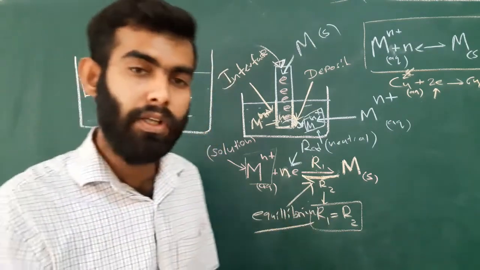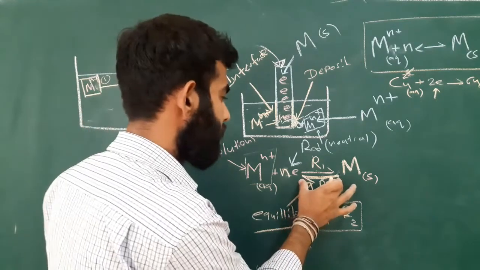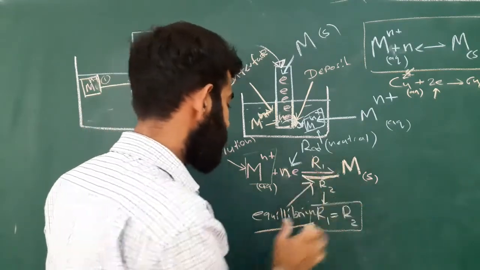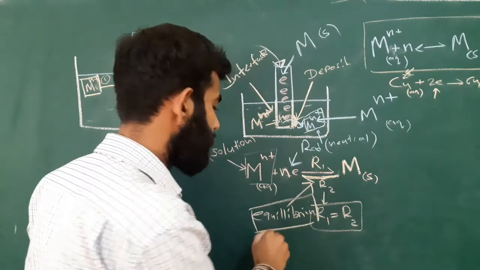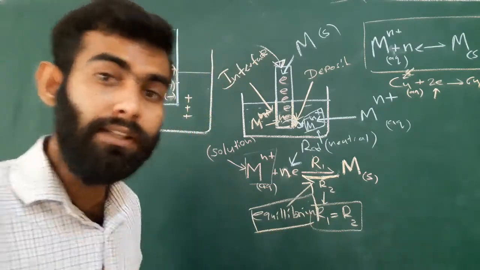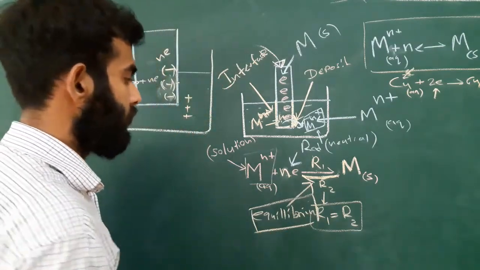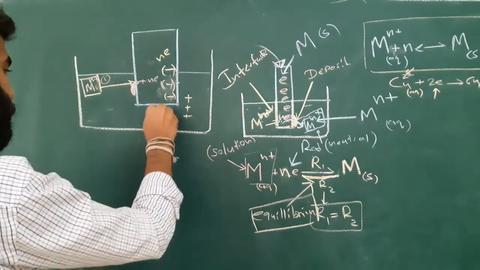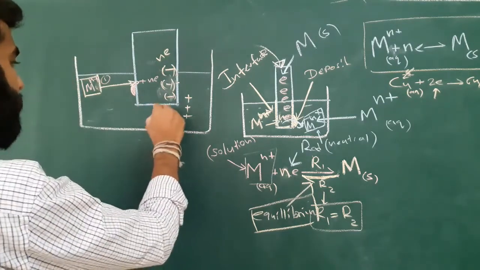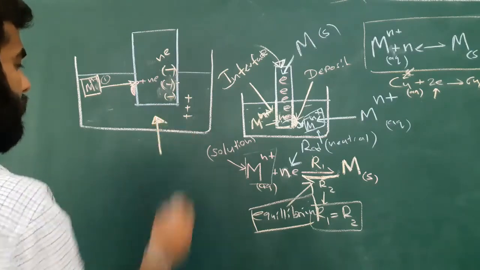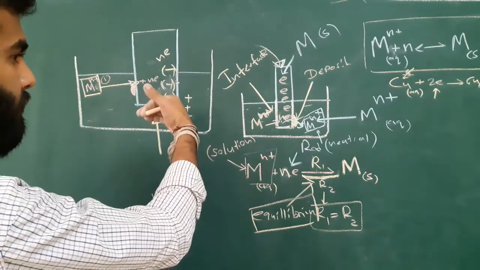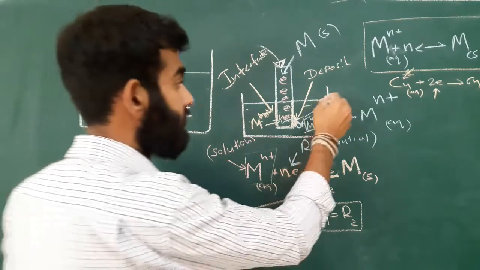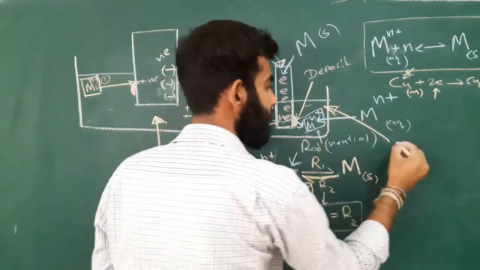What is going on? After some time, this reaction will reach an equilibrium. So in this situation, this system, initially, is called an electrochemical system.